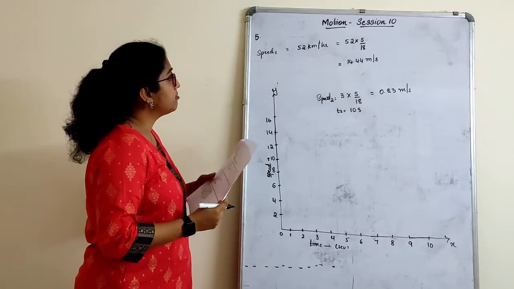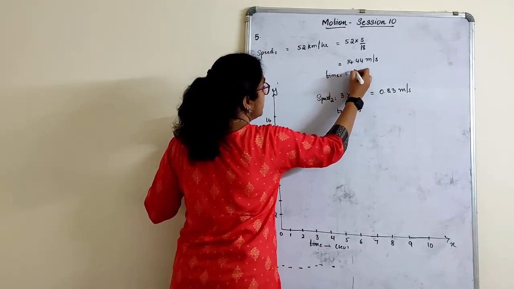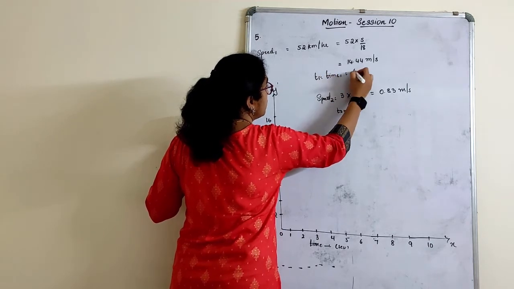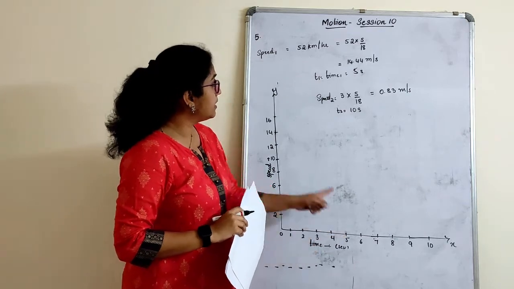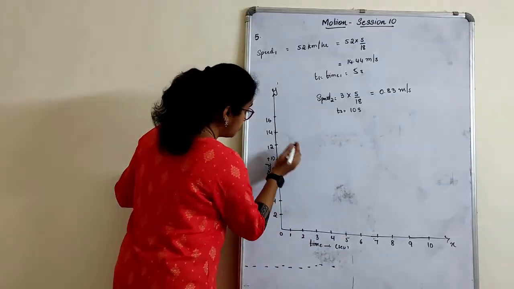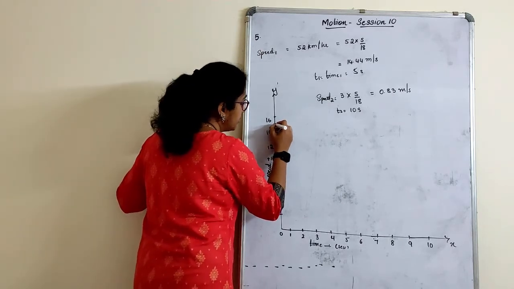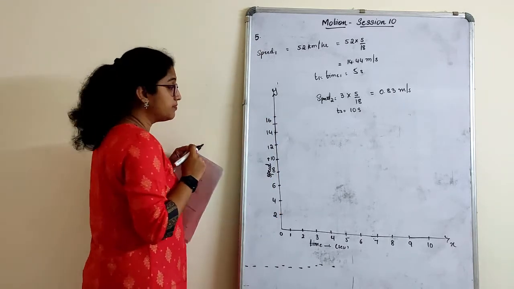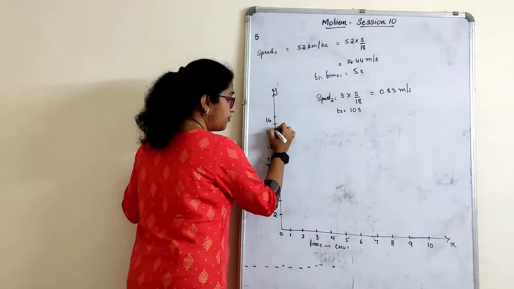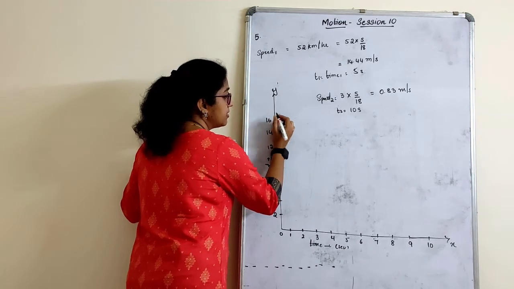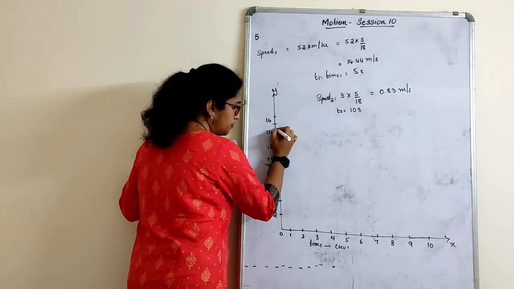Let's plot with that in mind. Time t1 is equal to 5 seconds, with respect to 5 seconds here for the first one, and the speed is 14.4. So you have to mark 14 here; this is 14, this is 15, this is 16, so 14.1, 14.2, 14.3, 14.4 comes somewhere here.